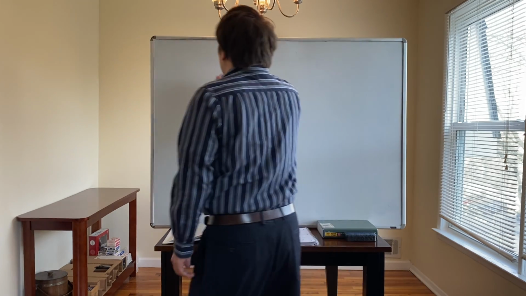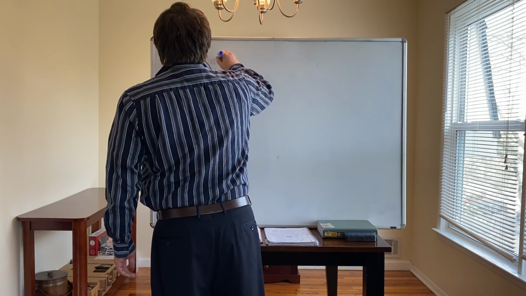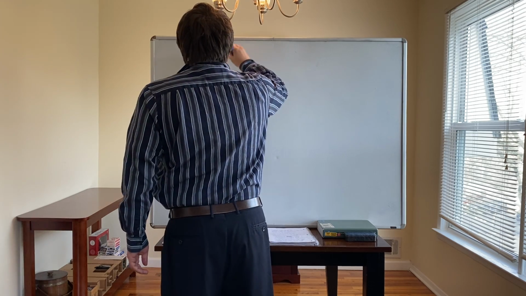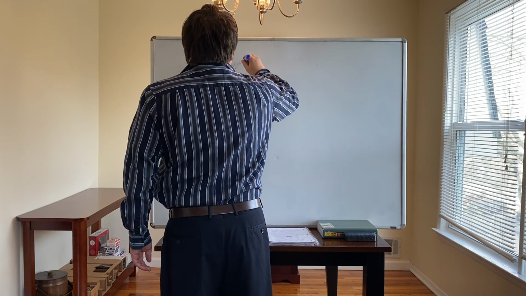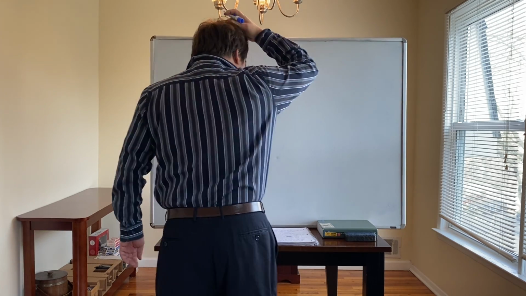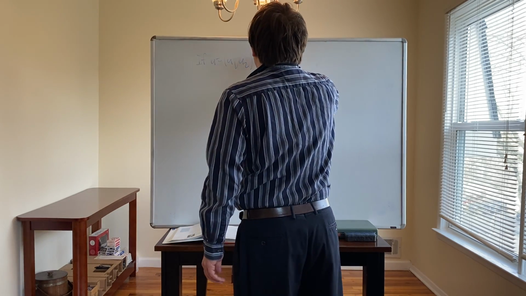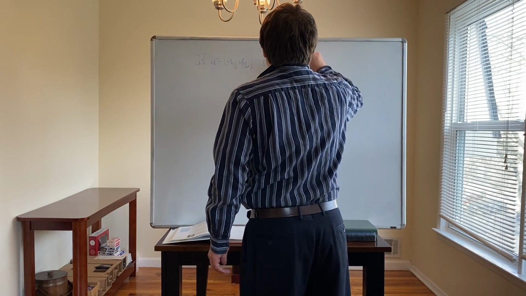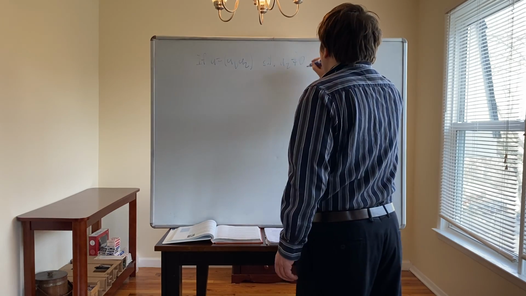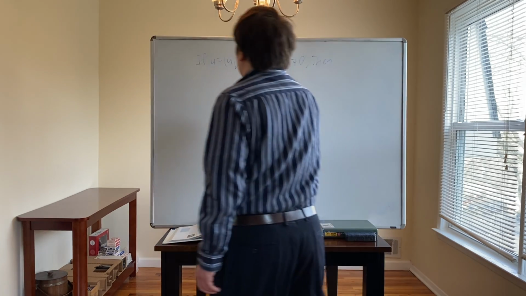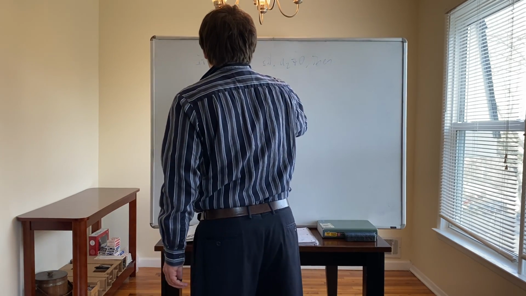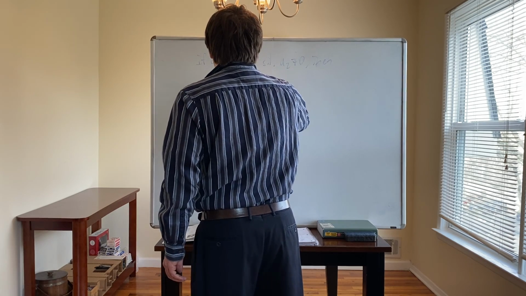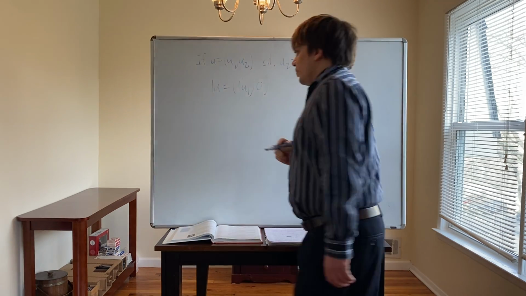Okay, so if u is equal to (u1, u2), such that u2 does not equal 0, then 1u is equal to (1·u1, 0).